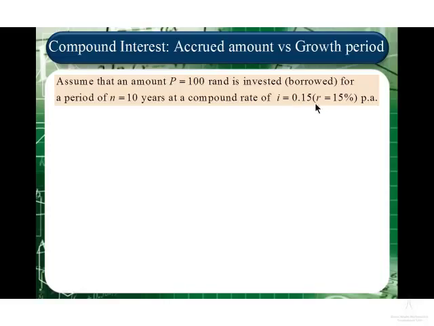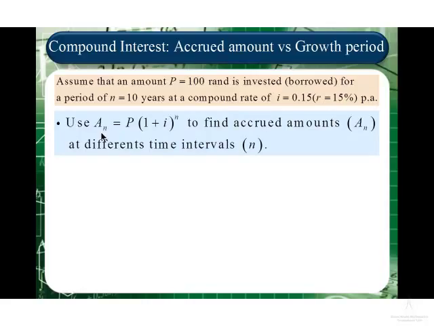Of course, that corresponds to R being 15% per annum. We have from the formula on the previous screen the link between the accrued amount after the nth interest period, the principal amount and the interest rate, as indicated. So use this formula to find the accrued amounts A sub n at different time intervals n.